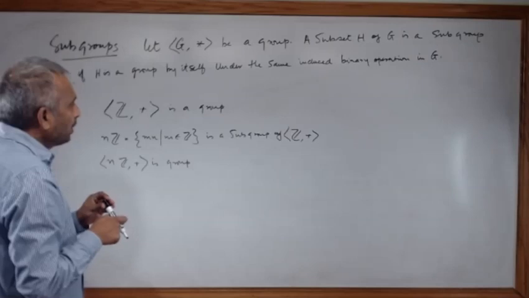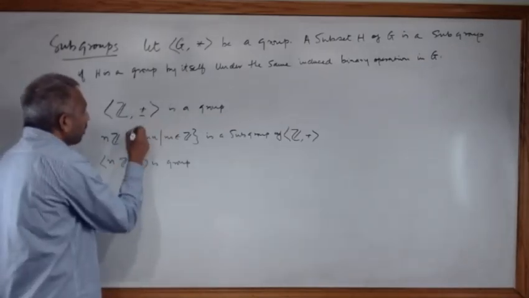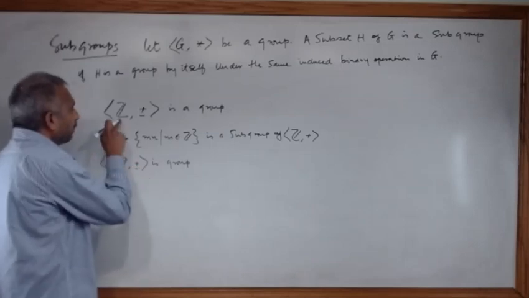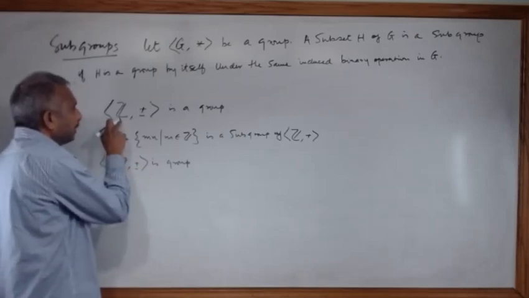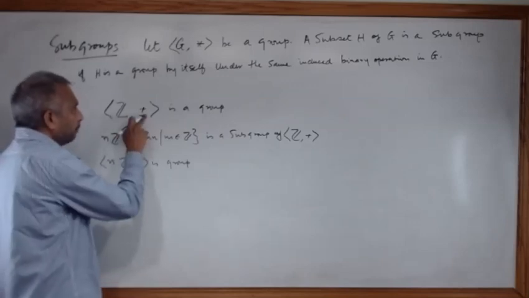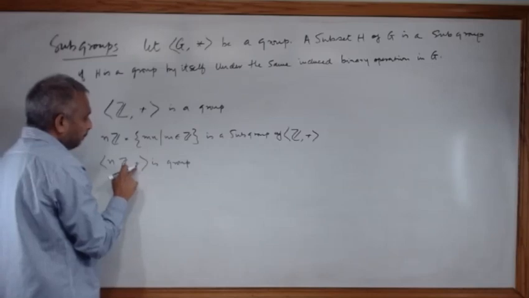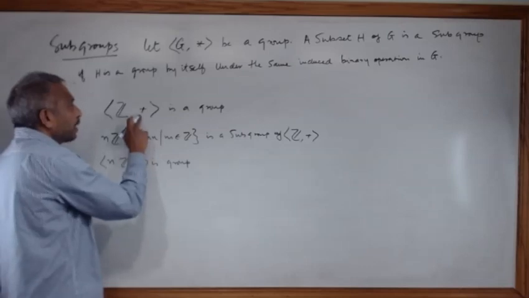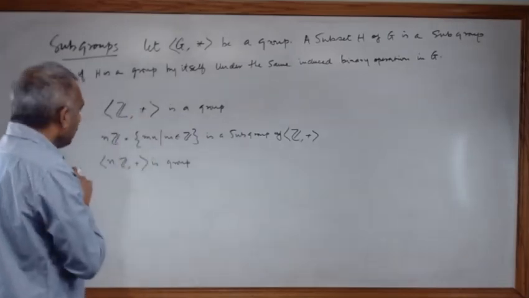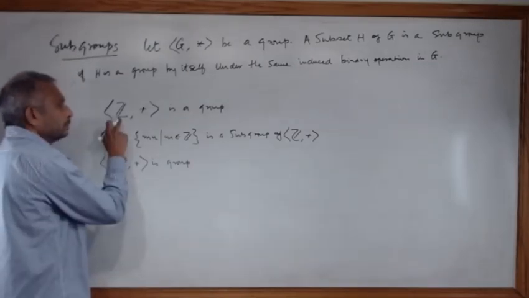What we have to note here is that this binary operation is the same for the parent group and the subgroup. This has to be the same. The binary operation on the subgroup is induced from the group. It is not that just nZ is a subset of this.